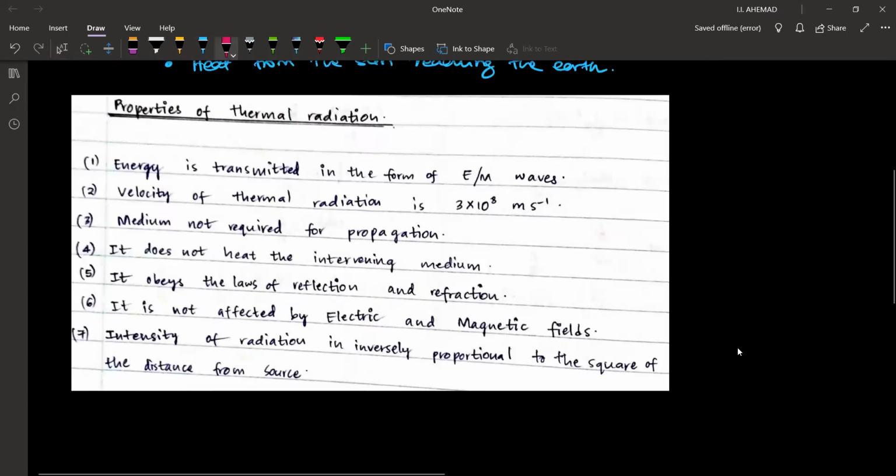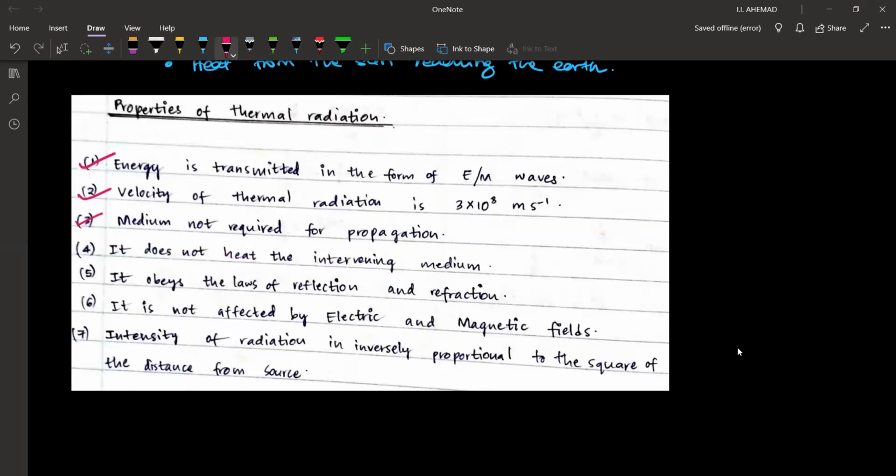Energy is transmitted in the form of electromagnetic waves. We discussed that the speed of an electromagnetic wave is 3 into 10 to the power 8. Medium is not required for propagation. And especially, it does not heat the intervening medium.